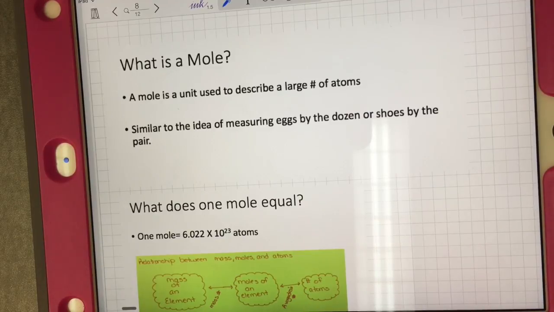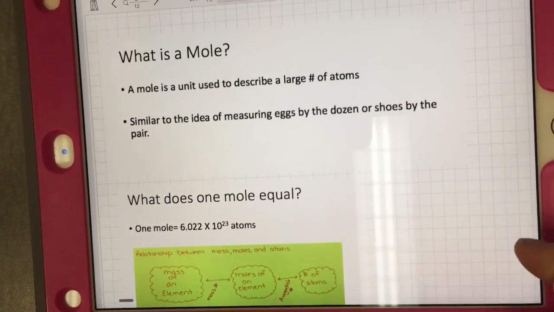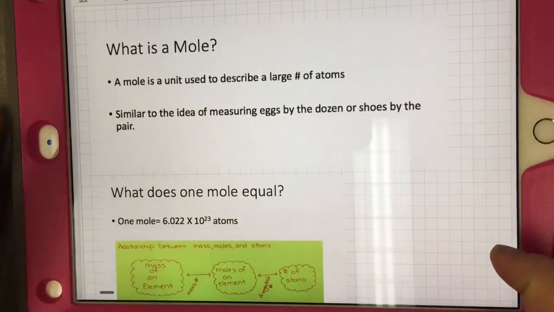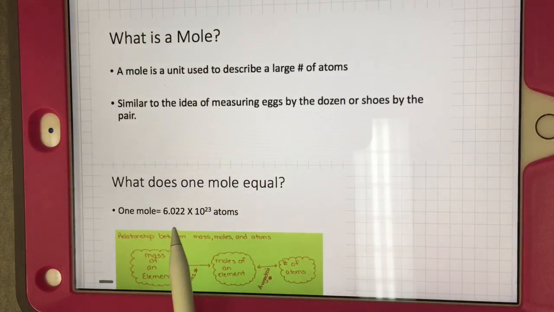And it's similar to shoes. Because I'm a typical girl, I have 20 pairs of shoes. I'm not going to tell you I have 40 shoes, because we measure shoes by the pair. So I have 20 pairs, which equals 40 shoes. So what does 1 mole equal? Well, 1 mole is equal to 6.022 times 10 to the 23rd atoms.